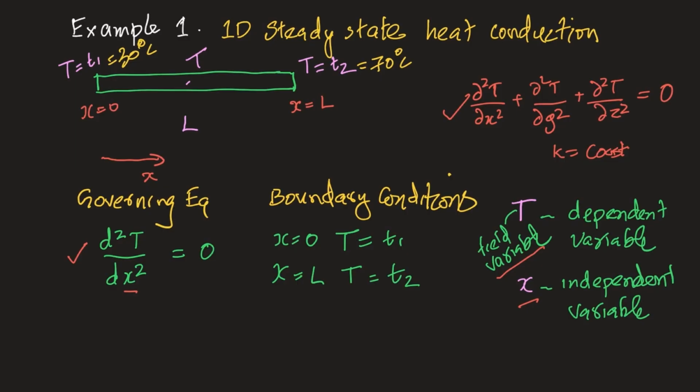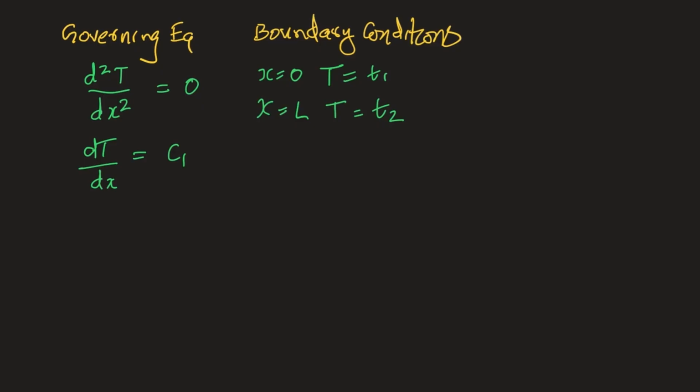Solving this is simple. We have to integrate the governing equation twice. If you integrate it once, we get dT/dx equal to a constant C1, and if you again integrate it, we'll get T equal to C1 into x plus C2. To find C1 and C2, the constants, we'll apply the boundary conditions.